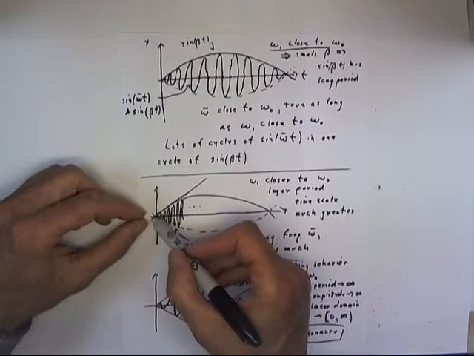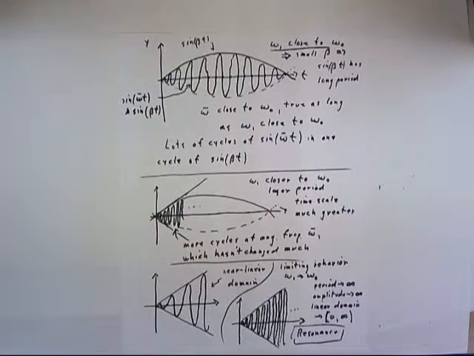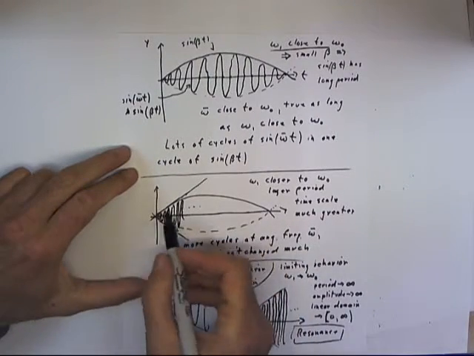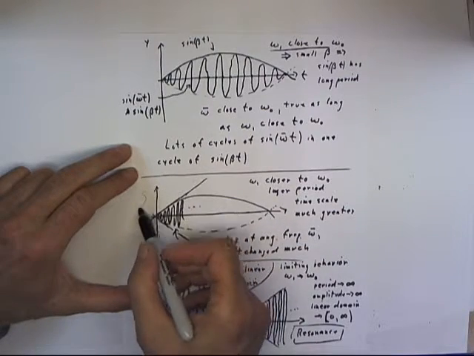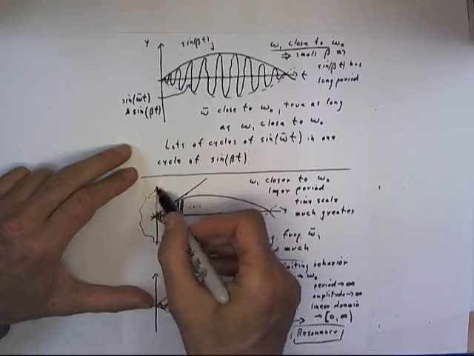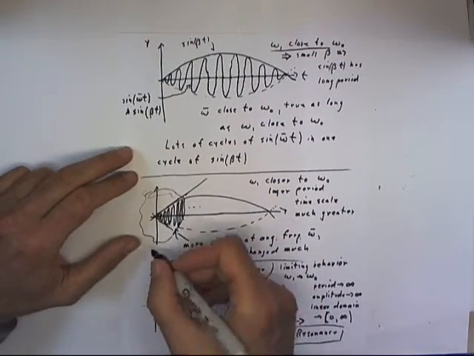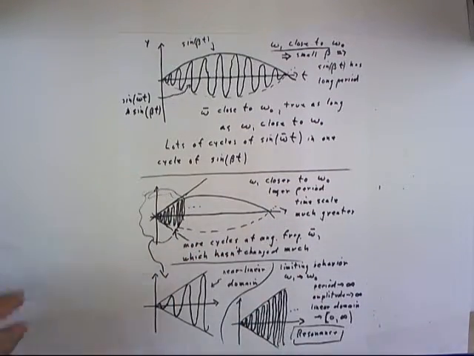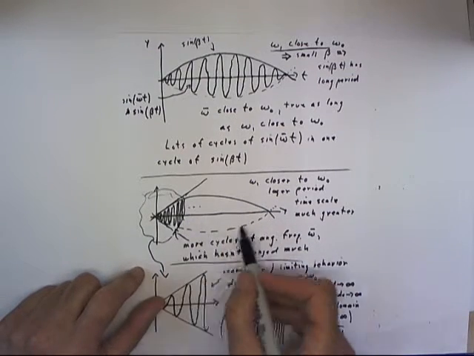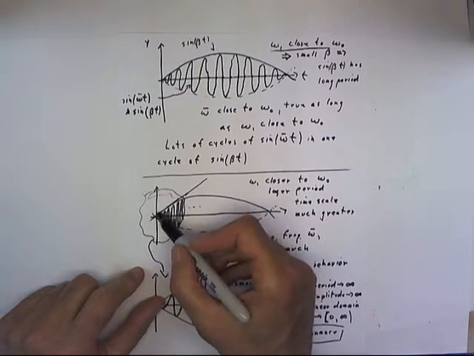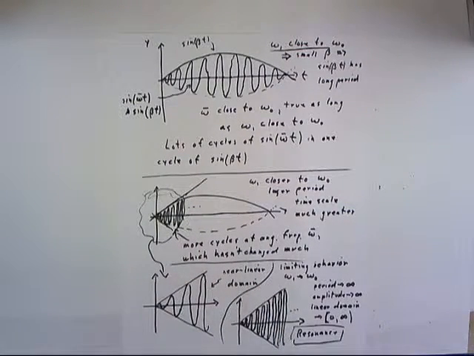So that there's an interval of this sine of beta t function, and maybe we indicate that interval by putting a little circle around it and bringing it down here. There's an interval in which the envelope of the sine beta t function, or the value of the sine beta t function, doesn't differ much from this initial tangent line.